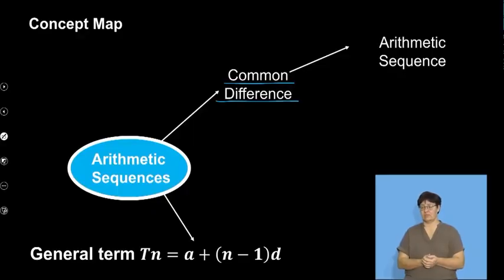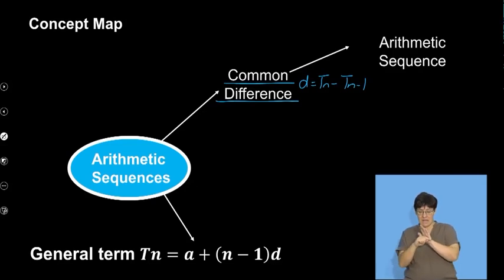So we discussed that the common difference can be written as Tn minus Tn minus 1, because we know that the actual value of a term minus the value of the term that comes before that is the common difference.